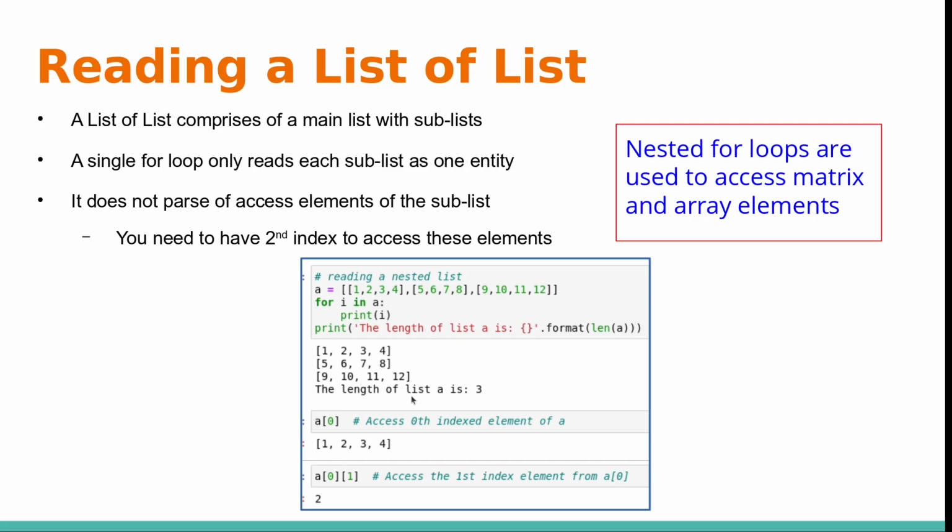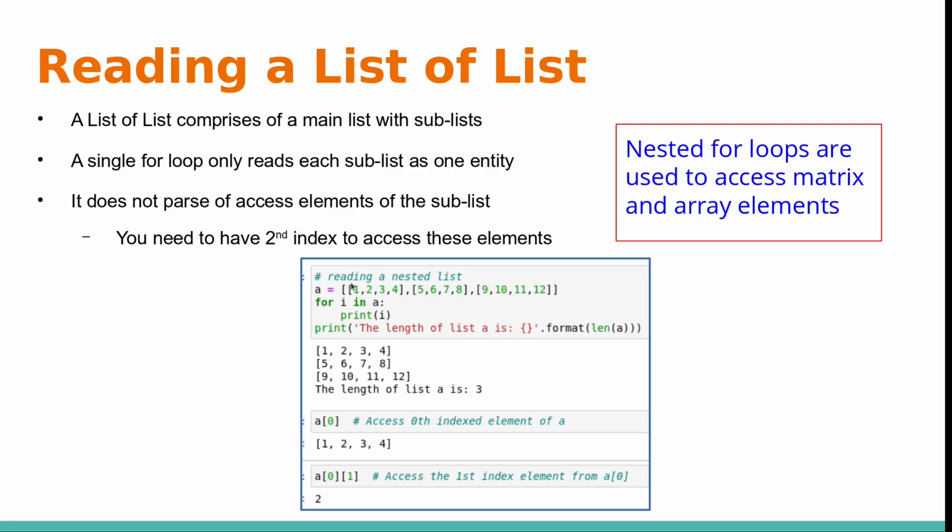Another way to access is to use indices. If I put A of 0, I am going to get 1, 2, 3, 4, which is this sublist. If I use a second level, and say A of 0 and then a square bracket of 1, I want to access the 0th element of my list A, and then the first element of that sublist.